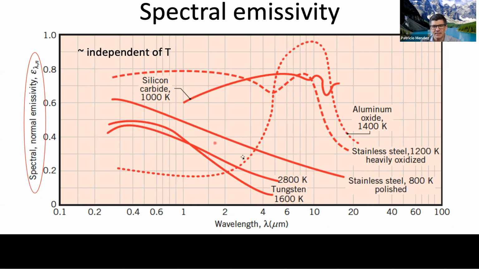Things like stainless steel or tungsten, except the aluminum oxide and the silicon carbide, most of them tend to go down with wavelength. So longer wavelengths, less emissivity. This is more or less independent of temperature. So this emissivity, that is the relationship between how much you emit in reality at that wavelength and how much a black body would emit at that wavelength, is more or less independent of what temperature we're talking about.